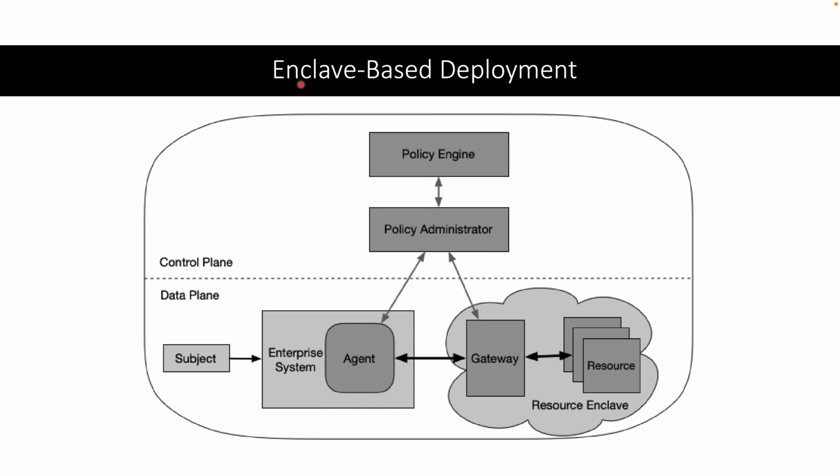Next model, enclave-based deployment. This deployment is developed from the last one, device agent gateway based deployment. They are basically the same. An agent is installed on a system with a gateway between the system and resource.